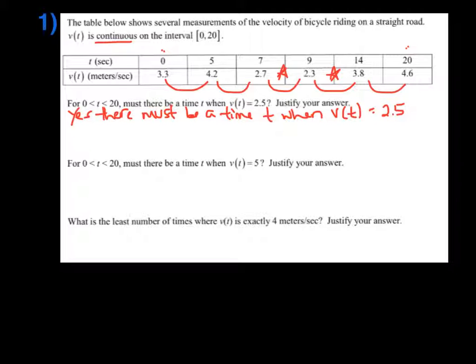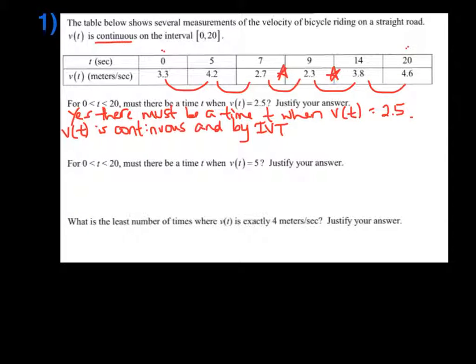Okay, so we're going to say v of t is continuous. Again, restating what we know. And it's only because it's continuous that we can use IVT. So v of t is continuous, and by IVT, now here's where you're going to state your intervals where 2.5 would fall in between.